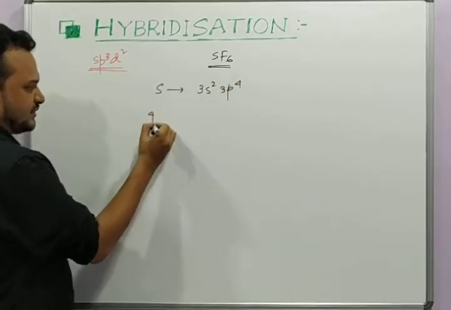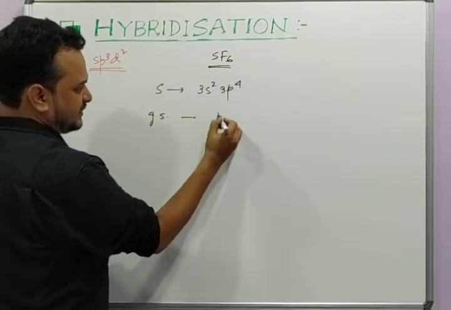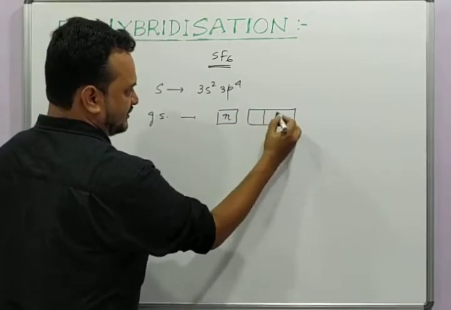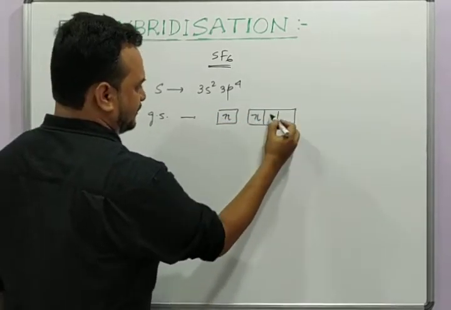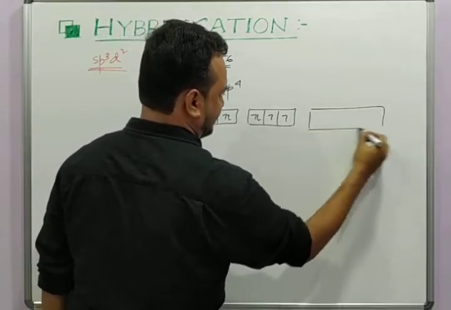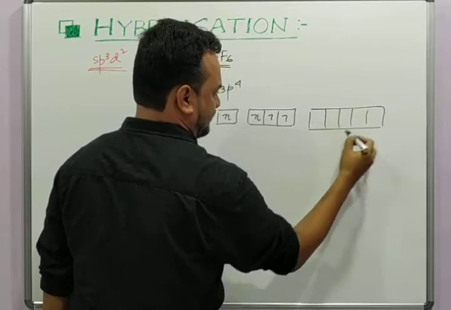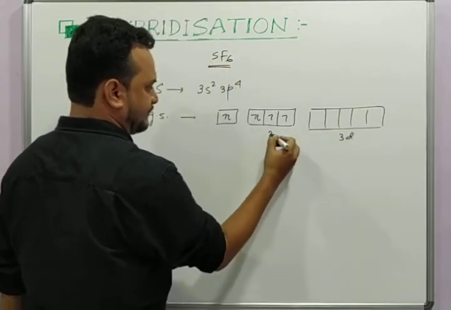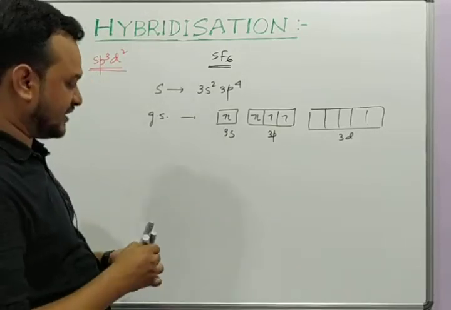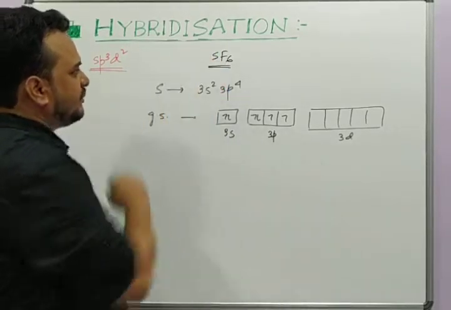So in the ground state, it will look like this, 3s having the paired electron, and in 3p, one is paired, other two are single, and 3d is vacant, 5 vacant 3d orbitals. So clearly from this configuration we cannot explain the hexacovalency of sulfur.